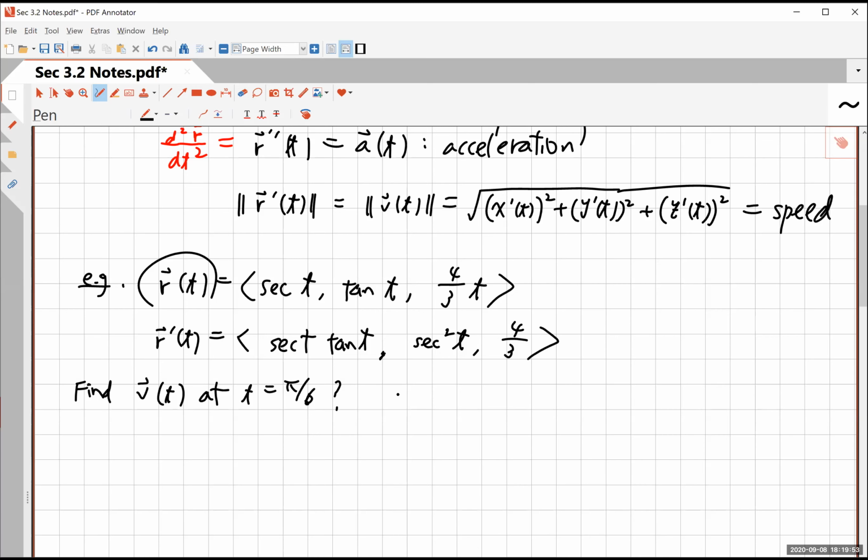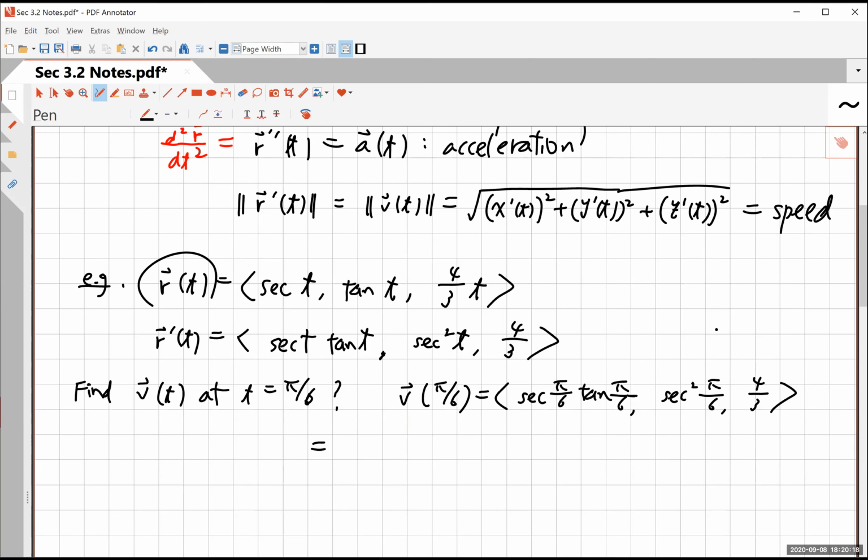If r is your position function, then v of t, you just plug in pi over 6. So this will be secant pi over 6, tangent pi over 6, comma, secant squared of pi over 6, and then 4/3. And then you just have to figure this out.